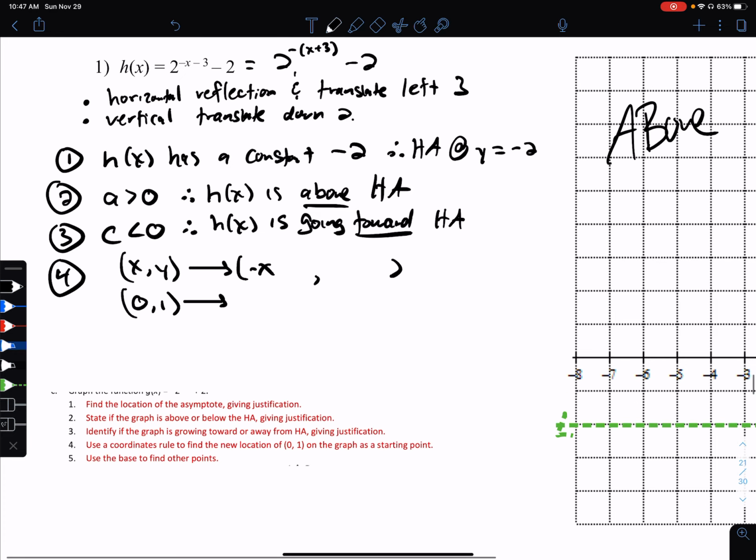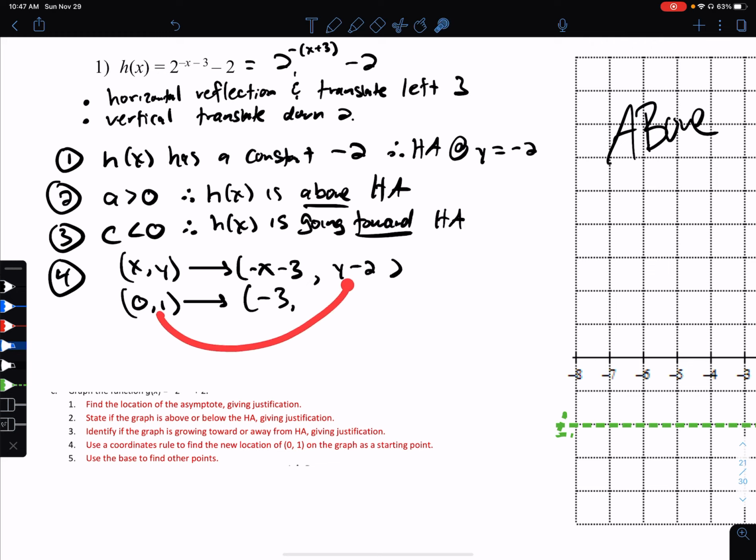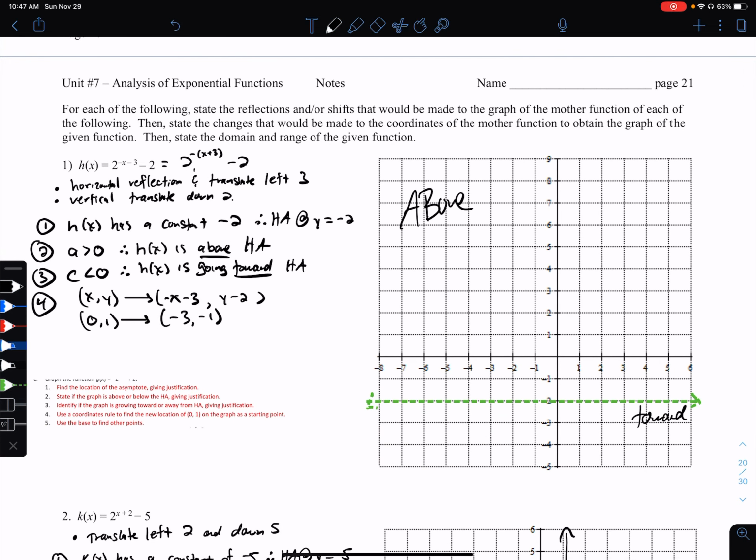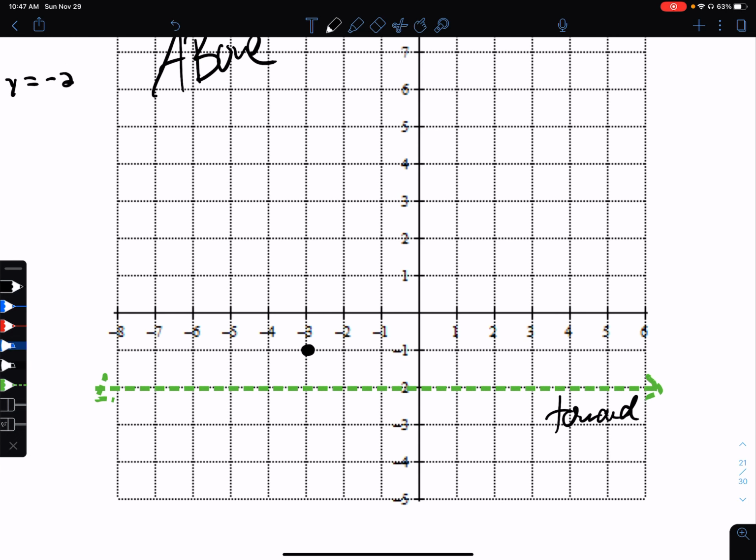Translate left 3, we're going to subtract 3. As far as the y value goes, we're going to translate down 2, so it's y minus 2. If I change the sign of 0, it's still 0. Subtract 3, it's a -3. And then here, 1 minus 2 is a -1. Once I have that point, (-3, -1), that's my starting point for this.